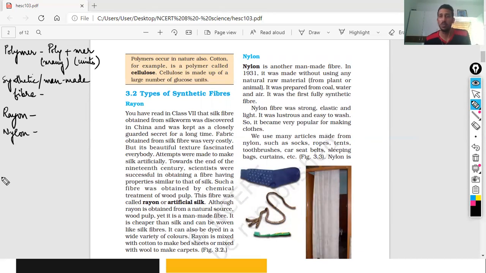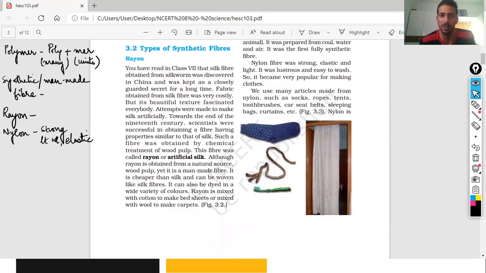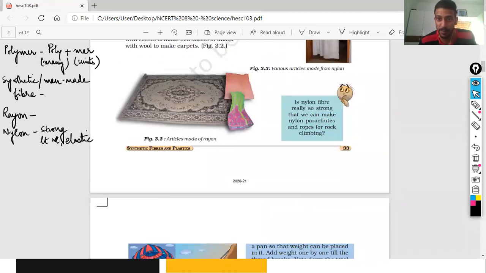Why? Because it is very strong, it is highly elastic, and it is very lightweight, right? So these three qualities, that is, it is very strong, it is lightweight, and it is elastic, make nylon a very important kind of material to be used within costumes that we use every day.